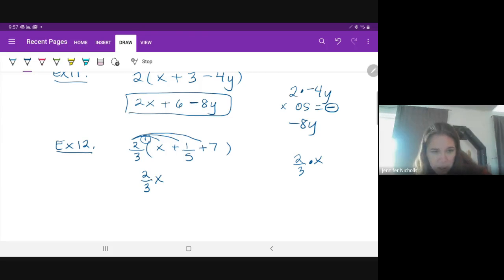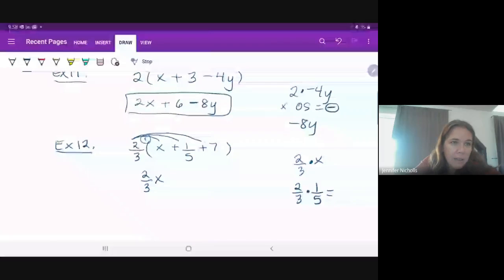Okay, so that wasn't too bad. But then the 2/3 times 1/5, let's write that on the right side. Does anyone remember what the rule is for multiplying?